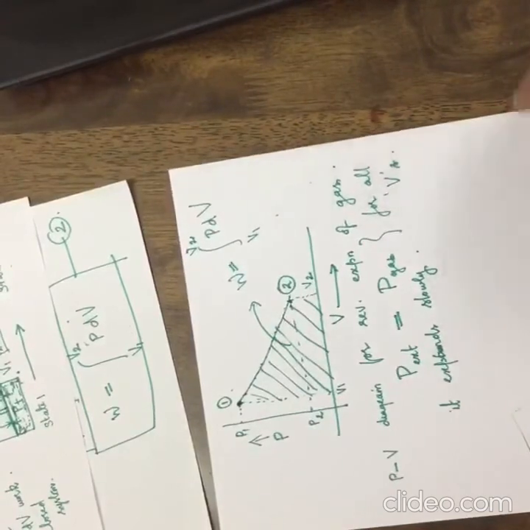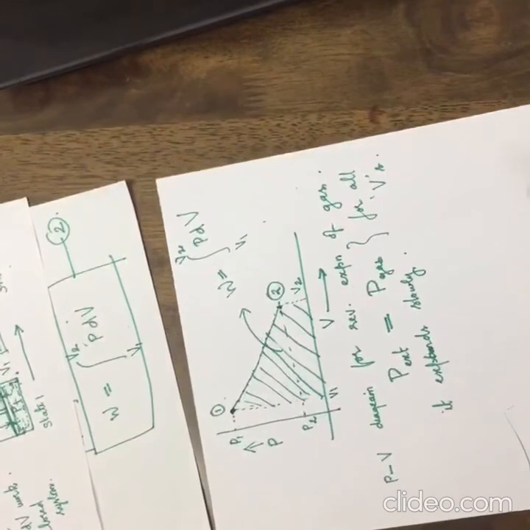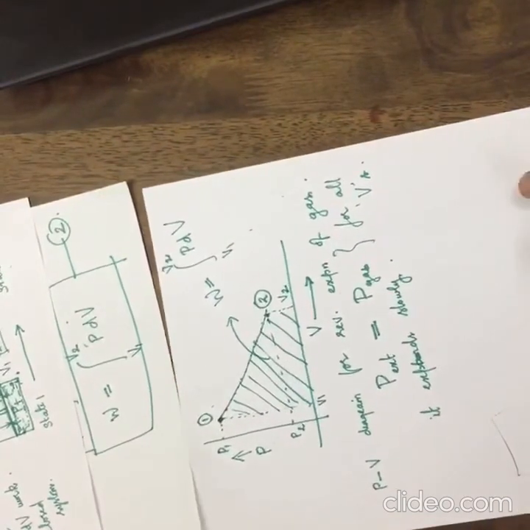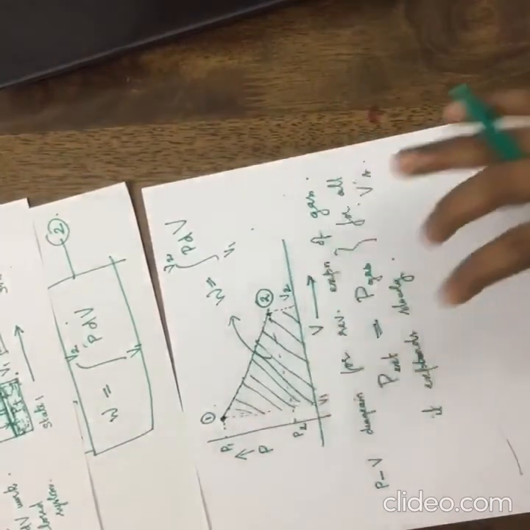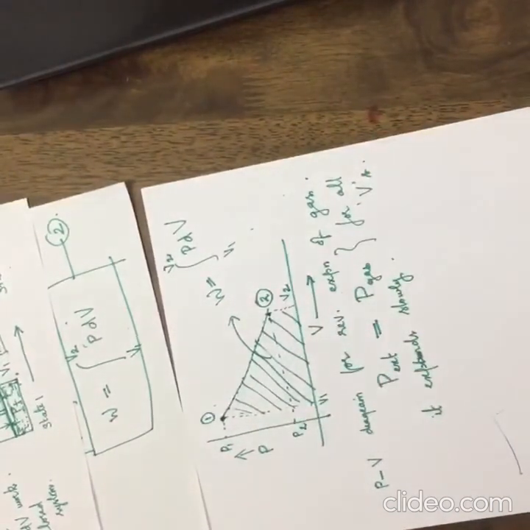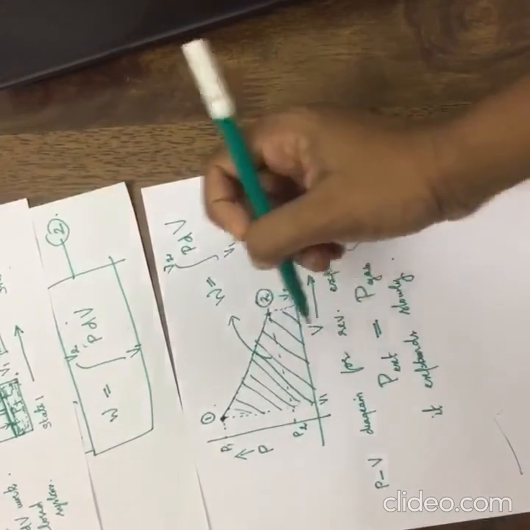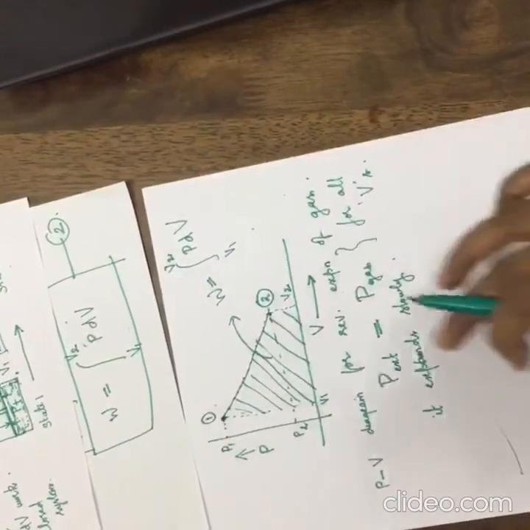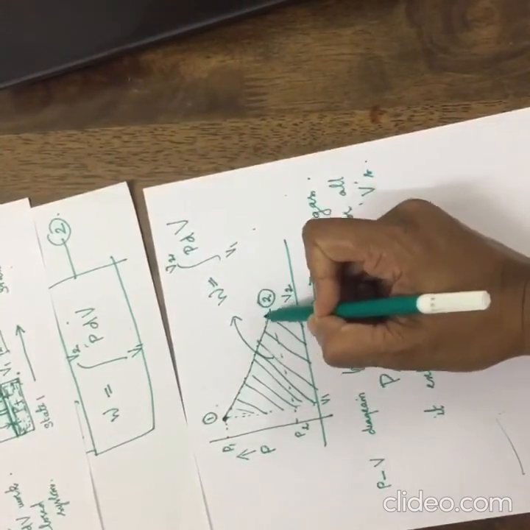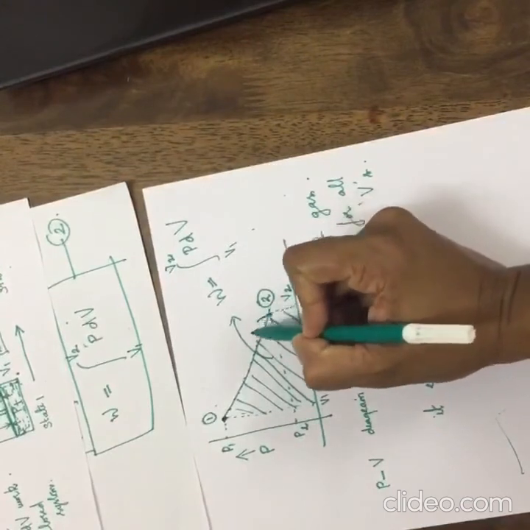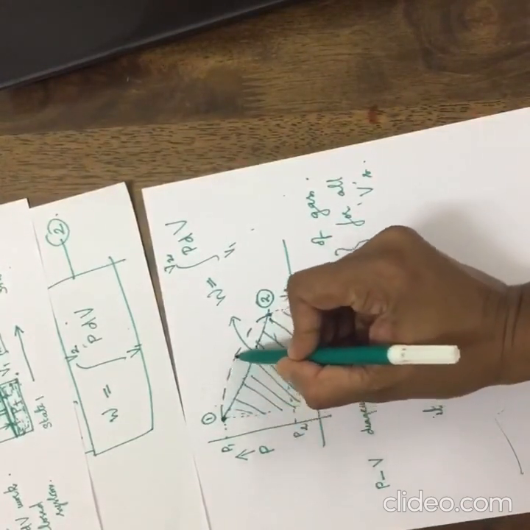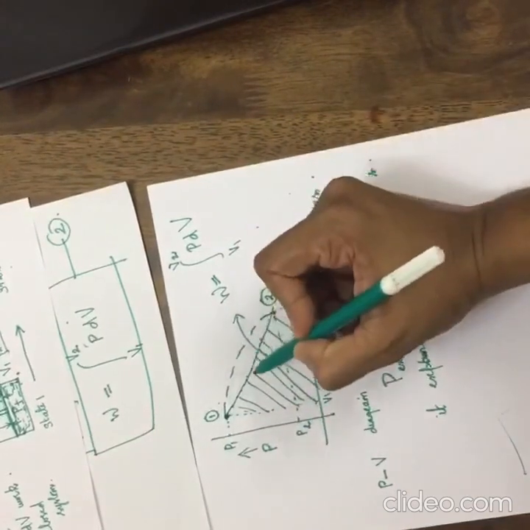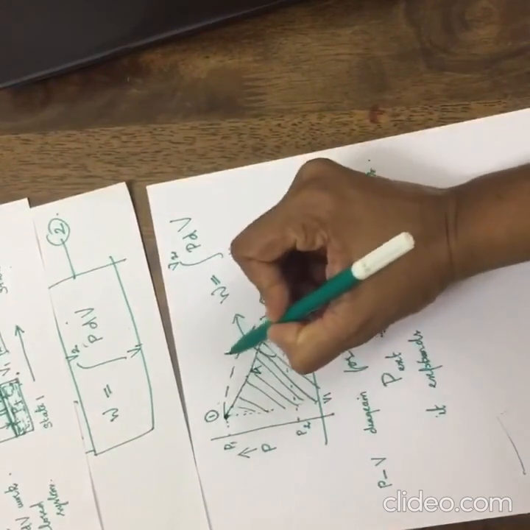So the area, and hence the work done in the compression or expansion of the gas, depends on the shape of the PV curve. If it is an expansion process, it takes up a new path. Say this is path A, whereas this is path B.